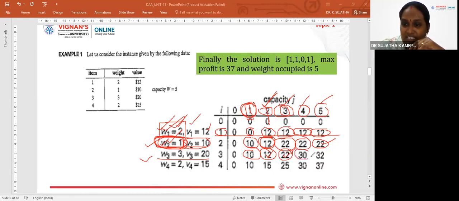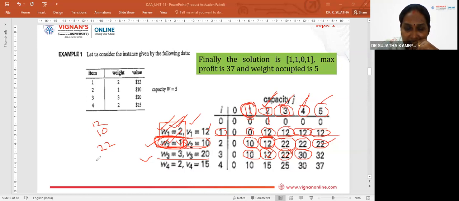And coming to this capacity, here I have the capacity 4, right? Now, what alternatives can I have here? I can place the second object. I can place the first object, whose profit is 12. I can place both the objects with the profit 22.